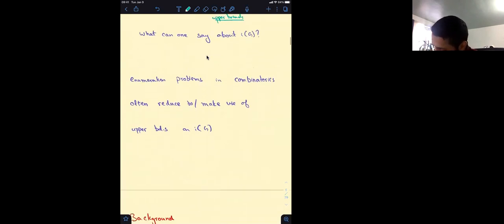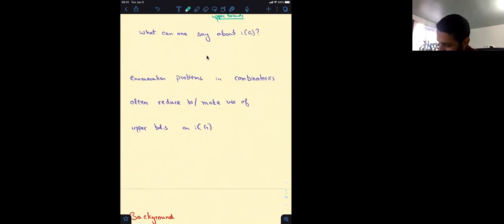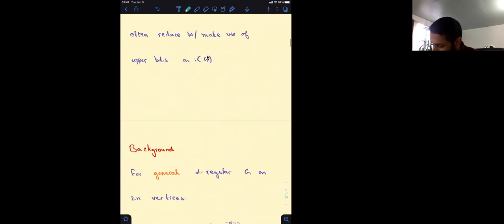These types of problems are very important: a lot of enumeration problems in combinatorics either reduce to independent sets in graphs, or heavily make use of upper bounds on the number of independent sets in graphs.